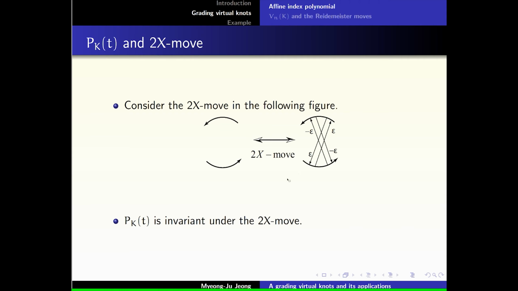And similarly, if we consider the 2x move, which is defined as shown in this figure, where epsilon can be positive or negative, then we can show that P K of t is invariant under the 2x move. So P K of t is a relatively easy invariant to calculate for virtual knots, but it is not so strong to compare virtual knots.